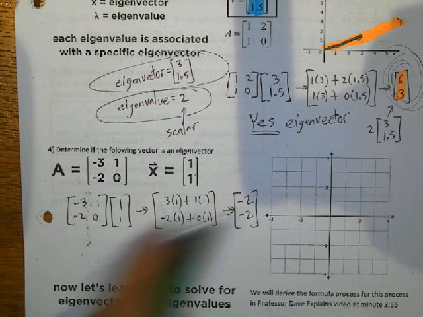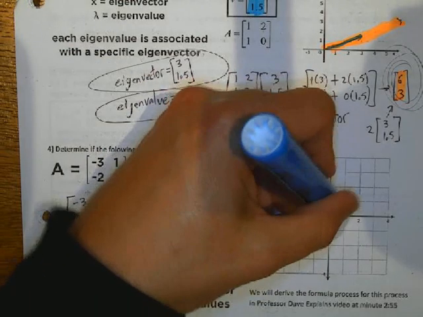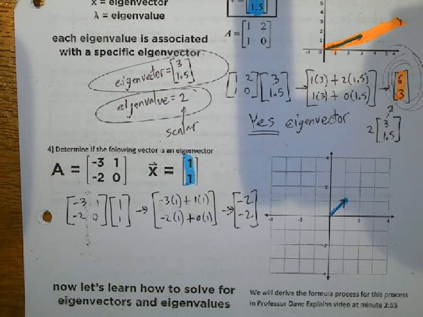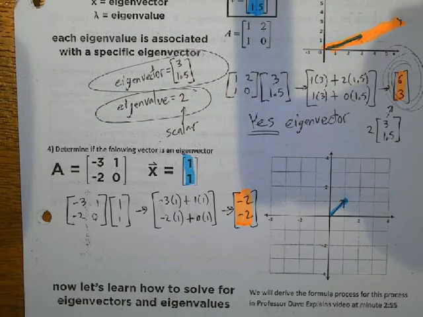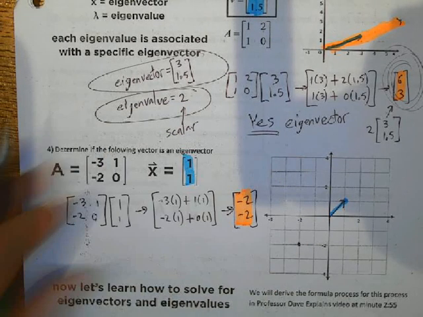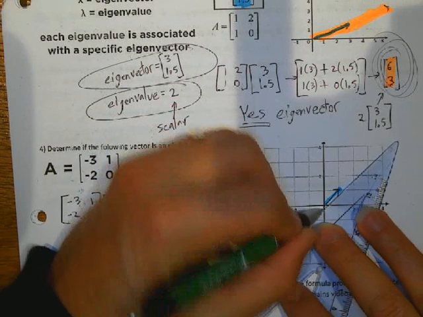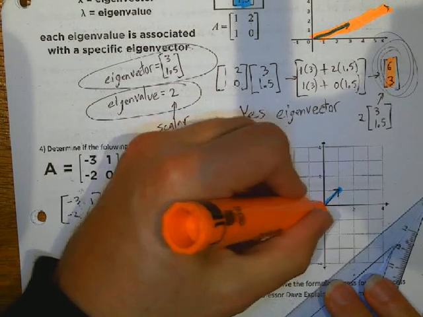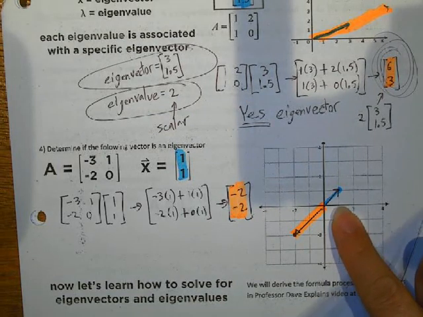So let's plot our original vector. Original vector is 1, 1. Right. And then our new vector is -2, -2. So -2, -2 is right there. Let's use a ruler. It was so sloppy last time. So you can see it makes a straight line. Even though it's the other direction, it is still an eigenvector.